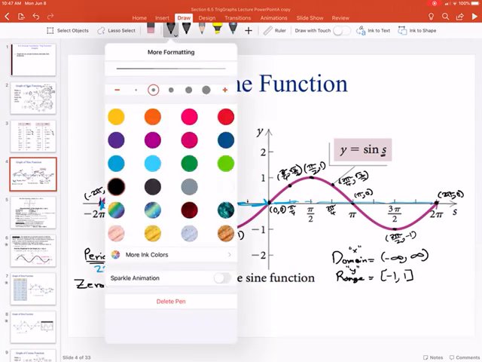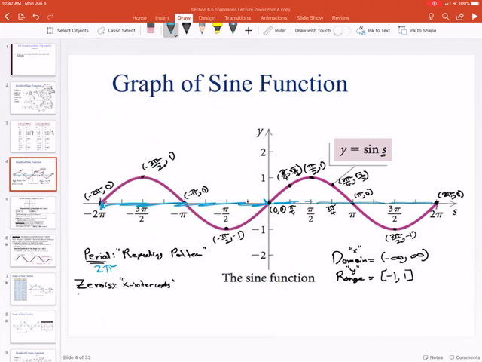Again, located at all multiples of pi. Any multiple of pi, we're sitting on the x-axis. Sine of pi is 0, sine of 2 pi is 0, sine of -2 pi is 0, sine of -pi is 0. All multiples of pi, we're sitting on the x-axis, the location of the x-intercept points.